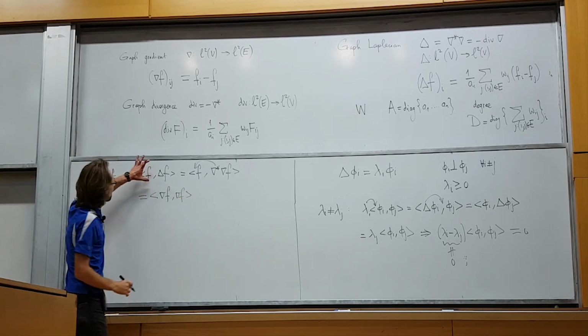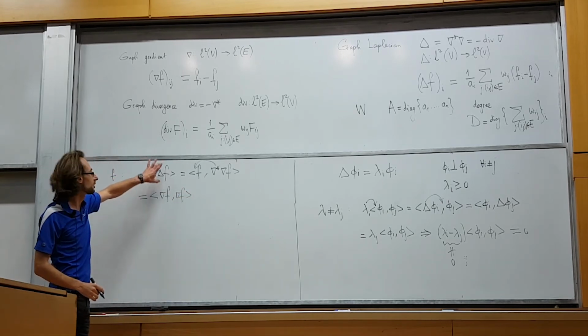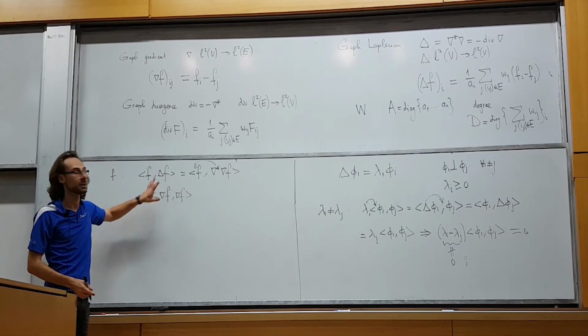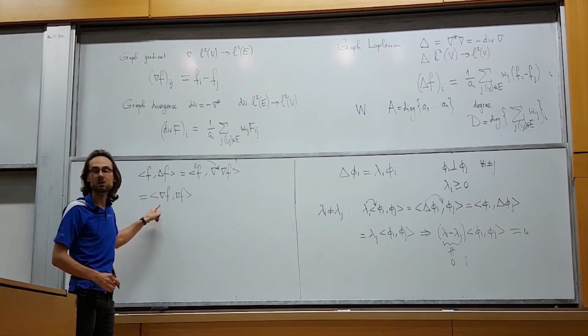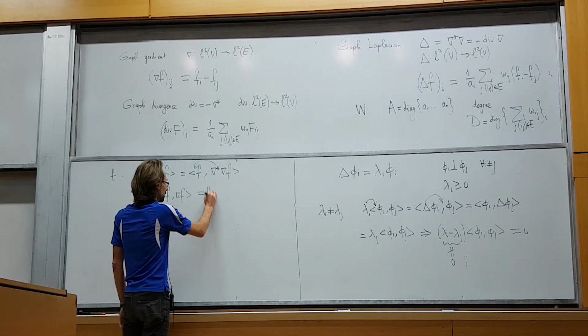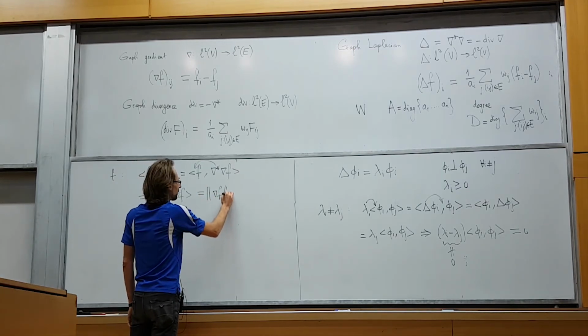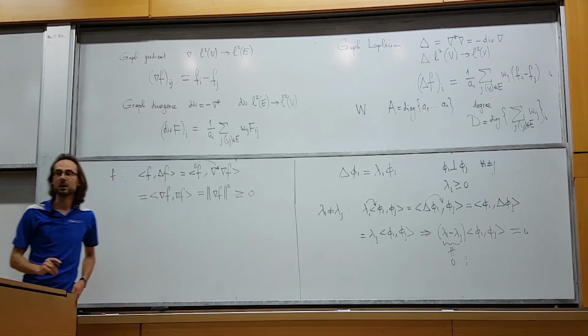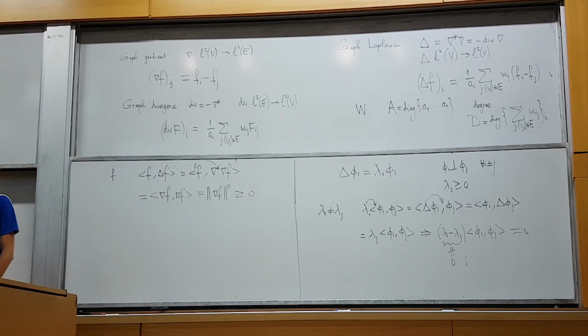Of course, this is an inner product on scalar fields, this is an inner product on vector fields, but it's obvious, right? Now, what is written here is a norm squared on this field of vector fields. And a useful property of the norm is that it is non-negative. So I have a positive semi-definite operator.